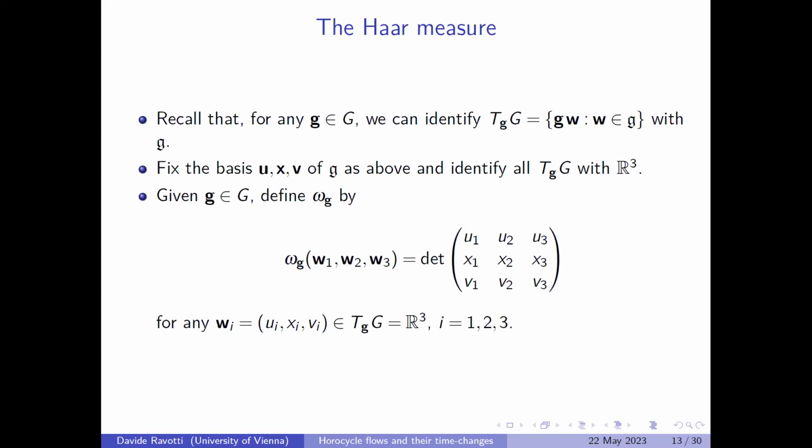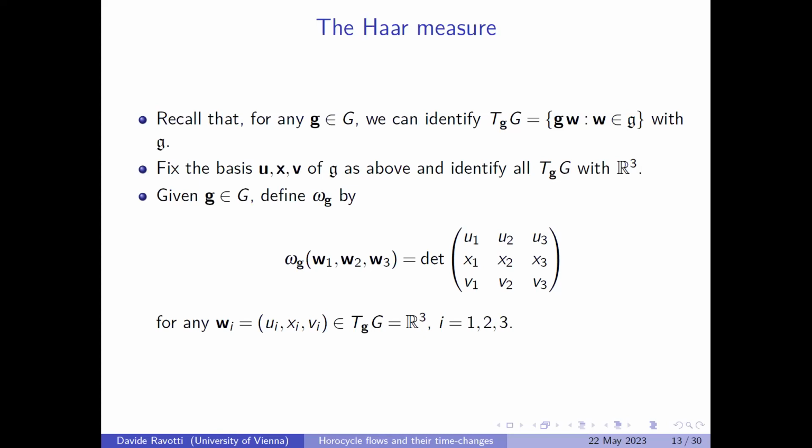So what is this object? Well, for any fixed G, omega takes 3 vectors in the tangent space at G and gives me back a real number. And since it's defined using the determinant, you can see that this function is multilinear in the entries, and it's alternating.